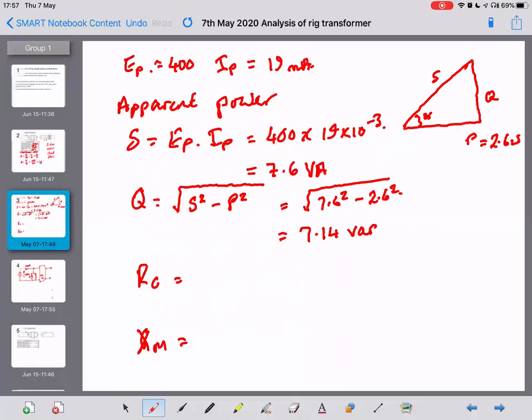What are our three different formulae for power? Basic formula for power, I squared R. That's one of them, but no good because we haven't got the current.